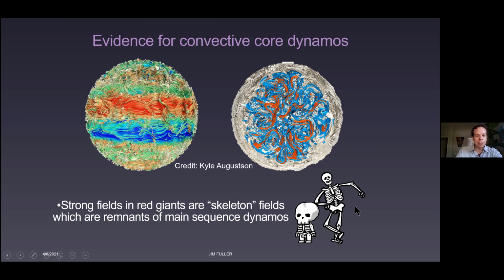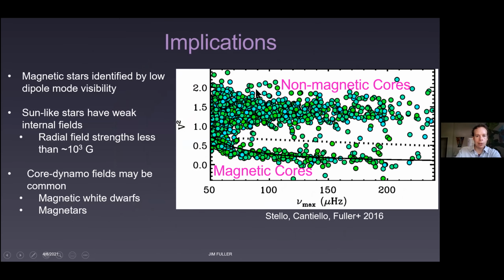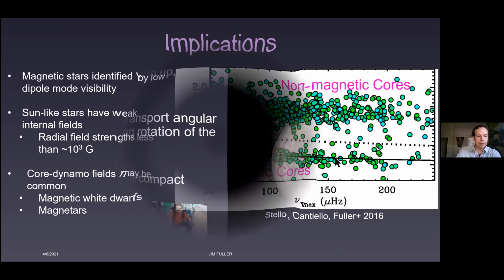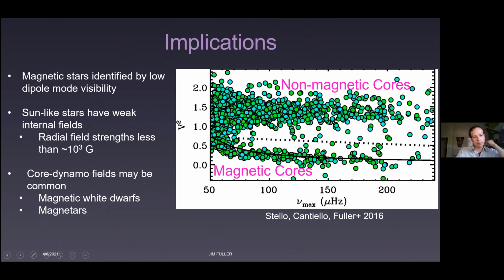So I like to call those skeleton fields because they're basically the leftovers of this magnetic dynamo that happened in the main sequence evolution of these stars. So that's our interpretation for what's going on. Again, all these stars with normal oscillation modes do not have strong magnetic fields, but the ones with suppressed oscillations have these magnetic fields that we think were built by a convective dynamo.